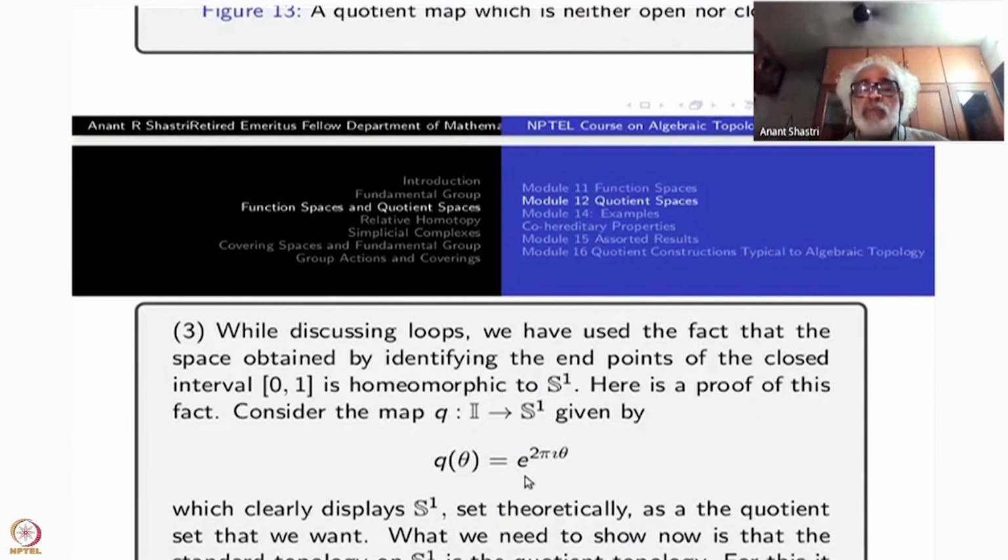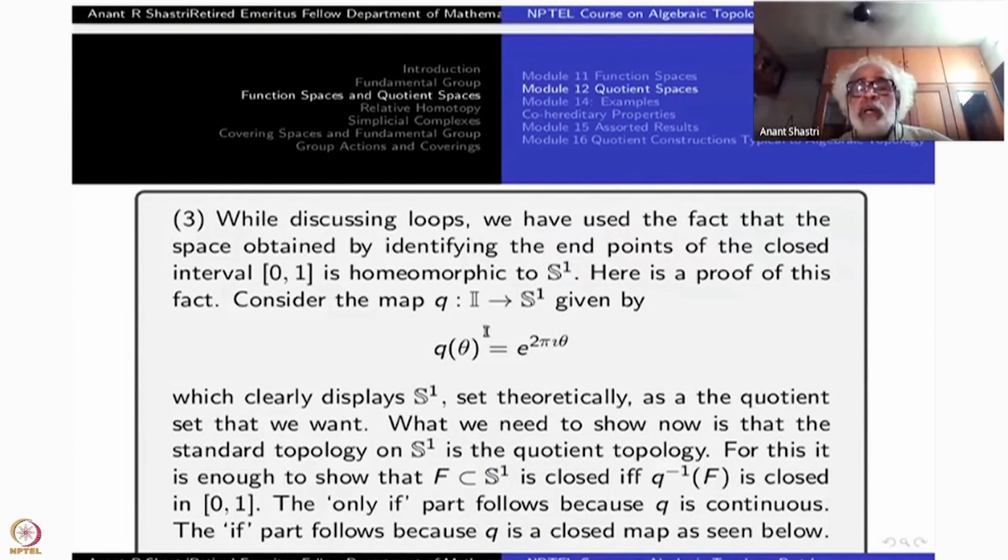Then what happens? Q of 0 and Q of 1 go to the same point, and no other point is identified with any different point. In other words, Q is injective on the open interval (0, 1).